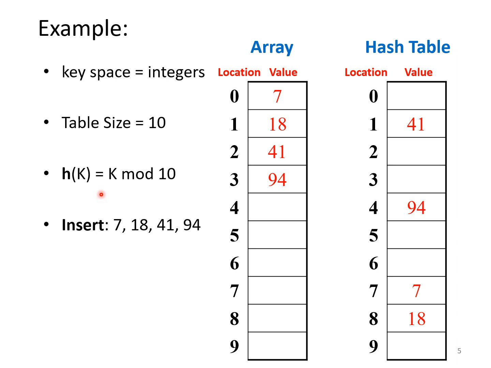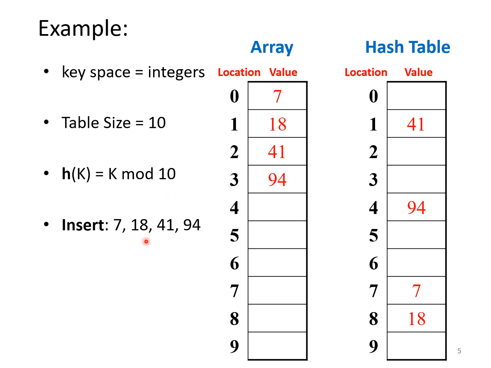So our hash function is h of k is equal to k mod 10. The first value is 7, and 7 mod 10. We know the mod is the remainder operator. So 7 mod 10 is equal to 7. The first element 7 will be stored in the 7th location. Similarly, we can calculate the location for the second element 18. 18 mod 10, the remainder is 8.